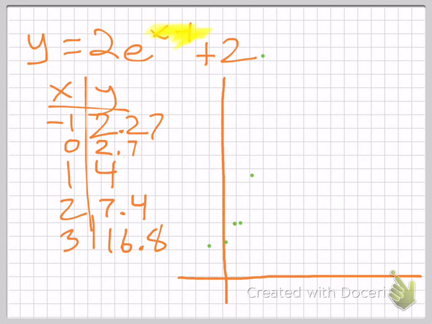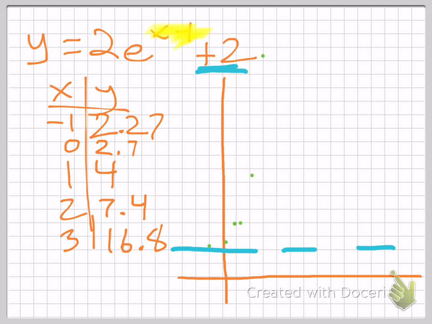So somewhere up there. Make sure that you plot your asymptote, because that's an extremely important point as you are working through here, and that's going to be at positive 2. That's this value here, so that's going to be your asymptote.